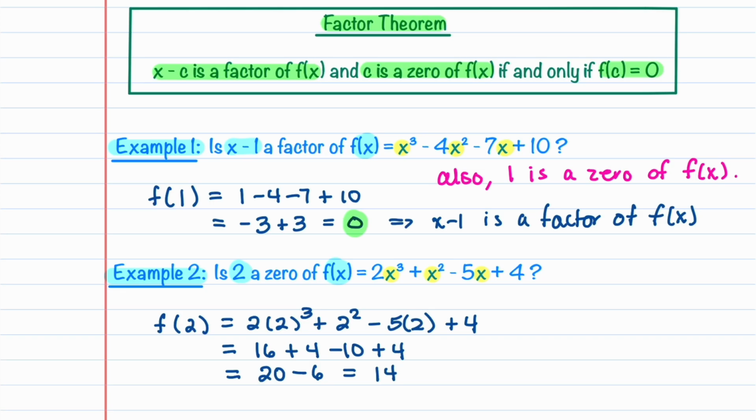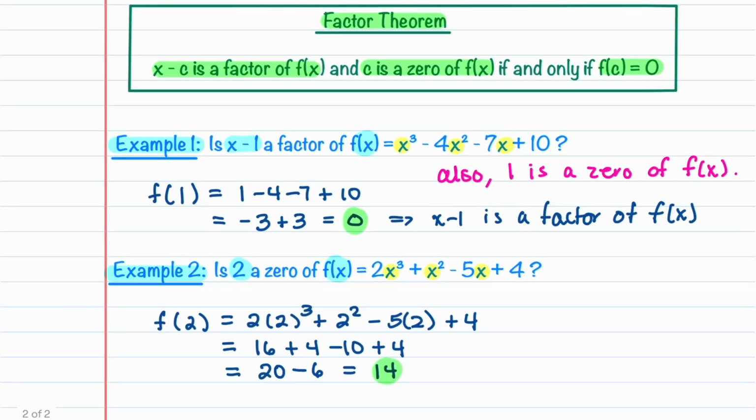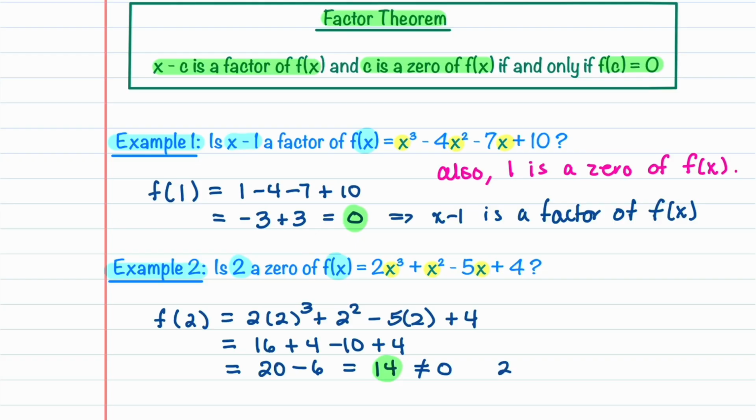Let's highlight that. And now let's think about our answer. We ended up finding that f of 2 was equal to 14, and this was not equal to 0. And because it's not equal to 0, we can conclude that 2 is not a 0 of f of x.